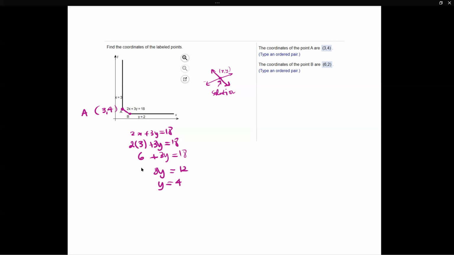And since this intersects with this line, then we use it there. It must work for it. Okay, and as you see, B is the point with x is 6 and y is 2, right?